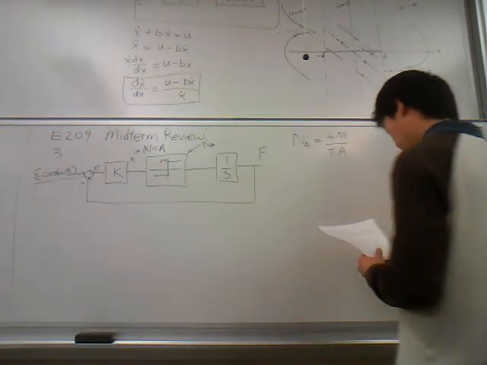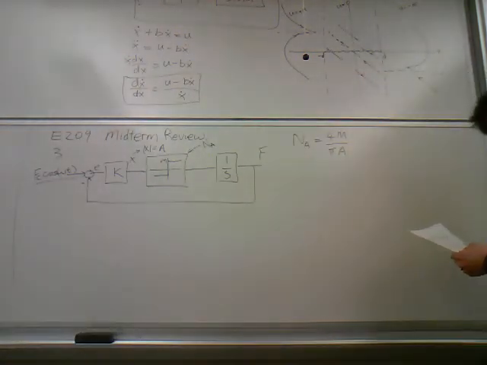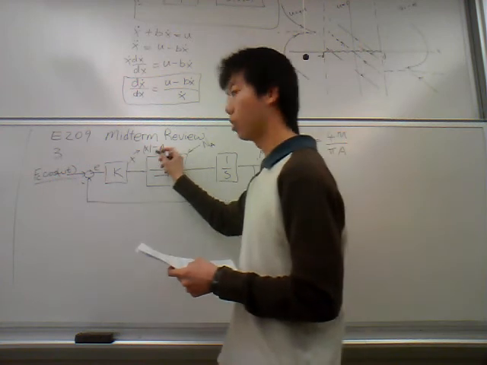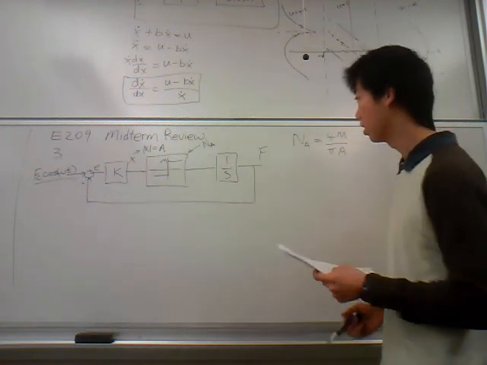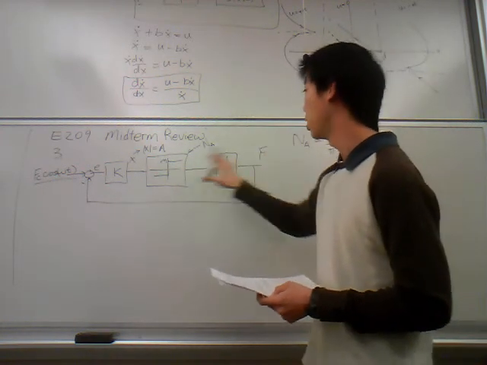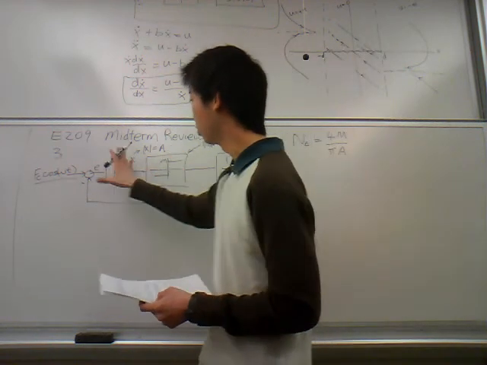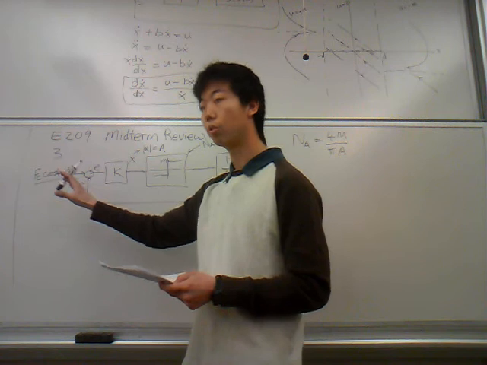So to find the transfer function from fc to f, first we need to figure out what A is, because everything's going to depend on A. So we've got to figure out what A is in terms of some other known quantities.